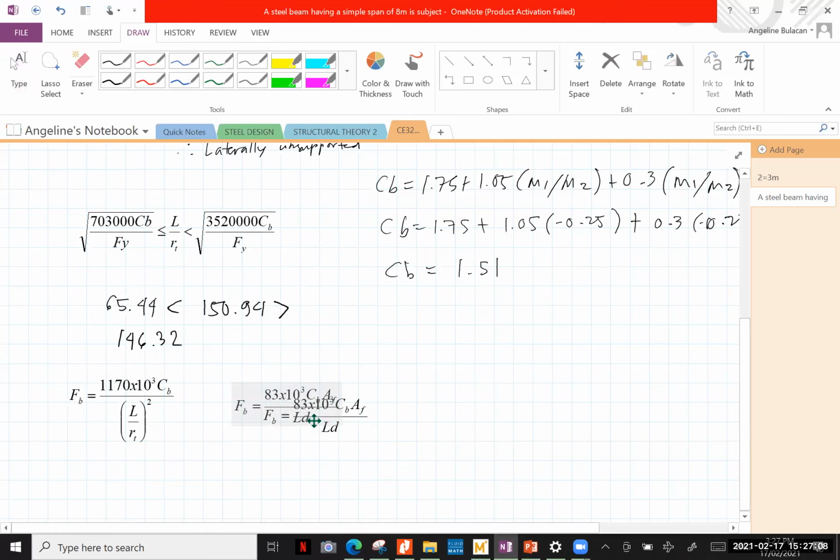Yun lang naman yung kailangan yung gawin, no, para malaman nyo kung ano yung bending stress na gagamitin. So, yun. Ito yung gagamitin nating bending stress. So solving, CB, ito na 1.51, L over RT, ito na 150.94. Ito na punta dito. So yun, so yung L over RT natin, makukompute na natin yung FB.